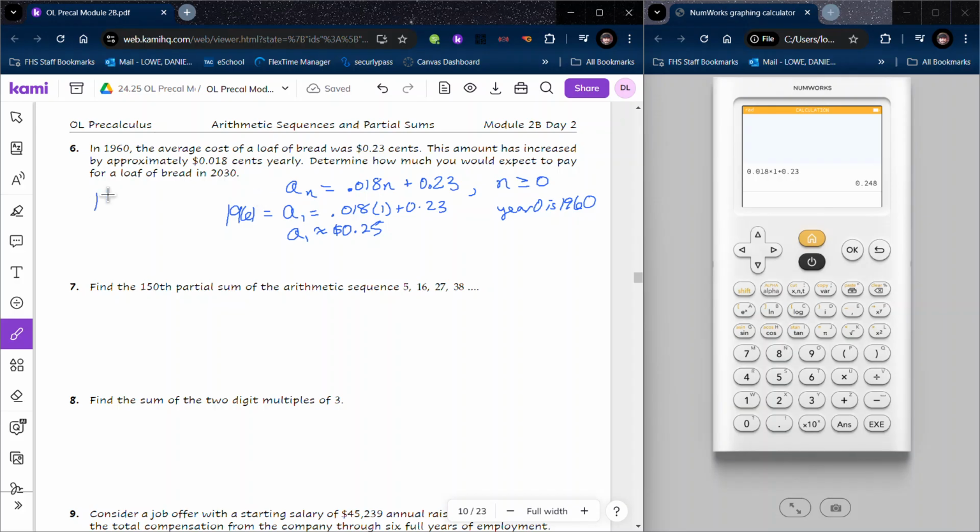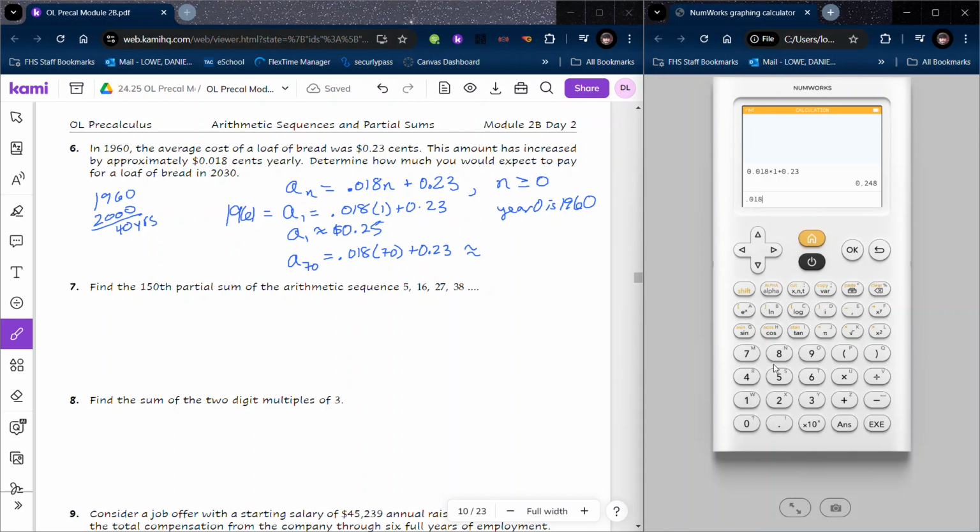All right, but I want the year 2030. From 1960 to the year 2000, that's going to be 40 years, and then to 2030 is another 30 years. So I'm looking at a sub 70, which is 0.018 times 70 plus 0.23.